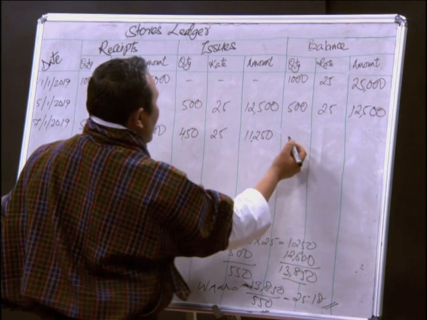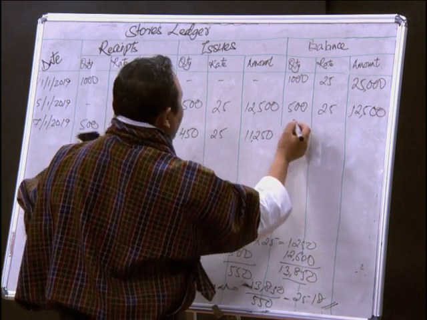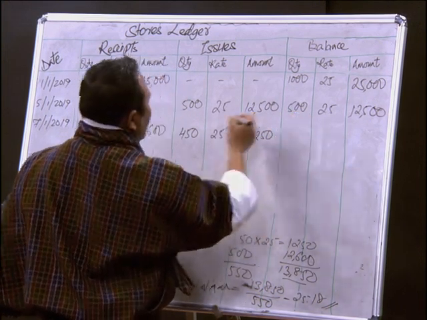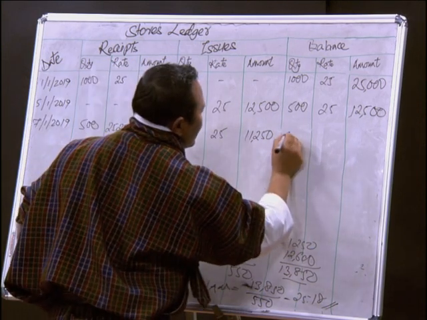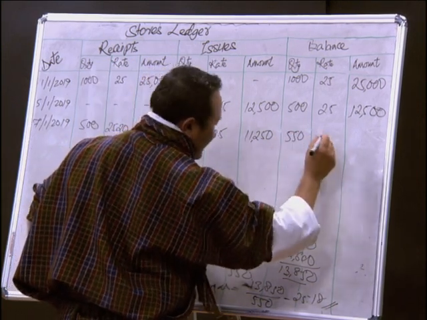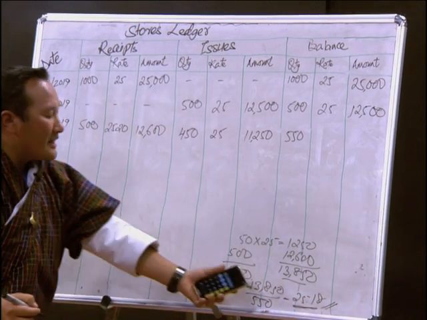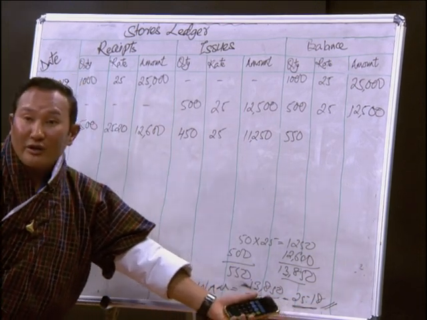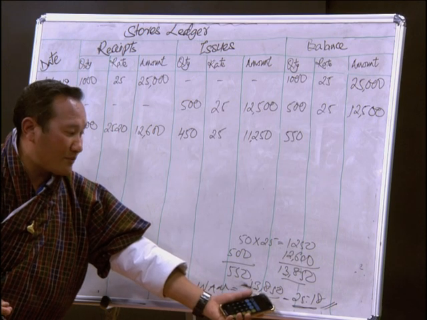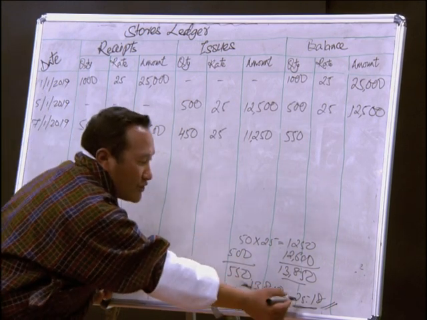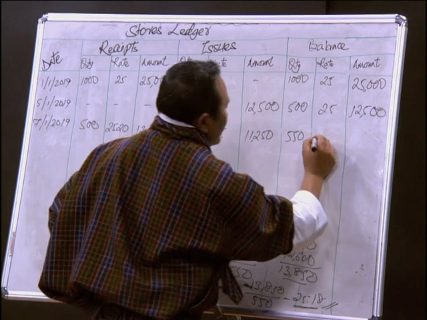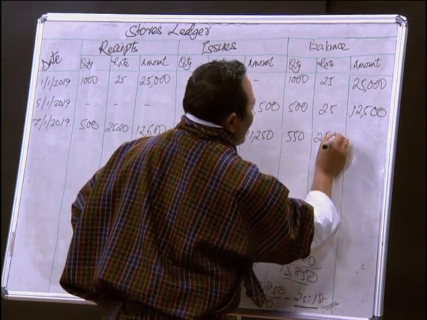So over here we have the balance, 500 plus whatever remains after making the issue, which means we got 550, and the rate we have to consider is this. Since the method we are using is the weighted average method, the price is going to change. The price we got is 25.18.